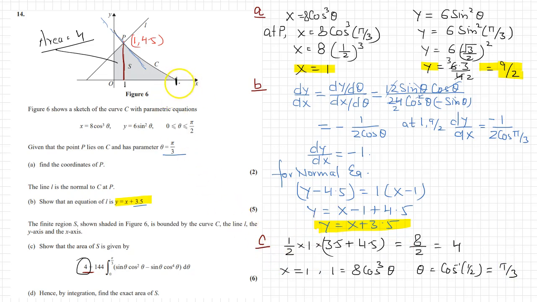Now at this point, theta is 0. So x will be, if theta is 0, 8 cos cube 0. Cos 0 is 1, so x is 8.